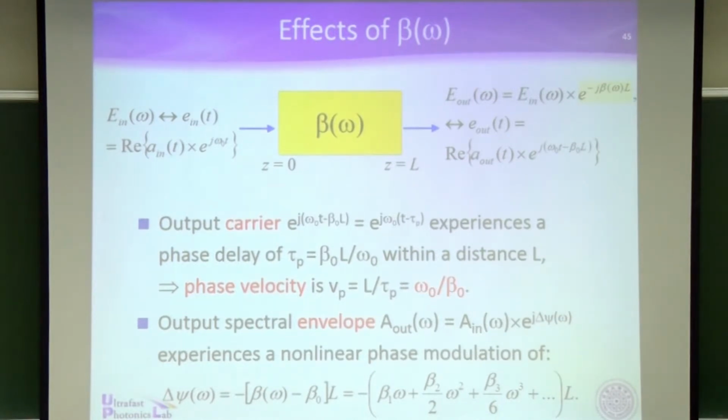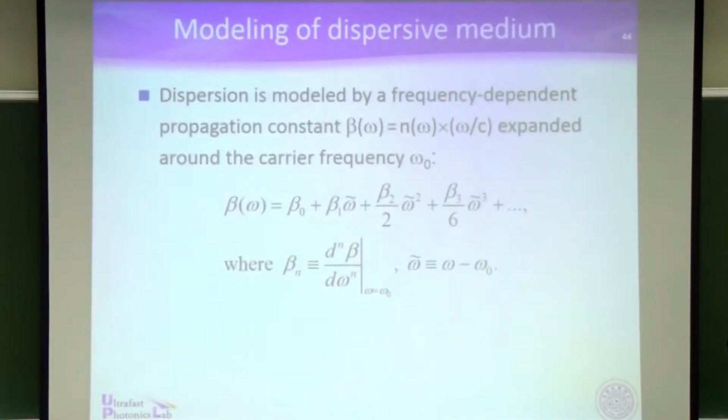Remember, in the previous page, the Taylor series expansion shows beta of omega is equal to beta 0 plus higher order terms. And the contribution due to beta 0 has already been taken into account in the analysis about the carrier, right?